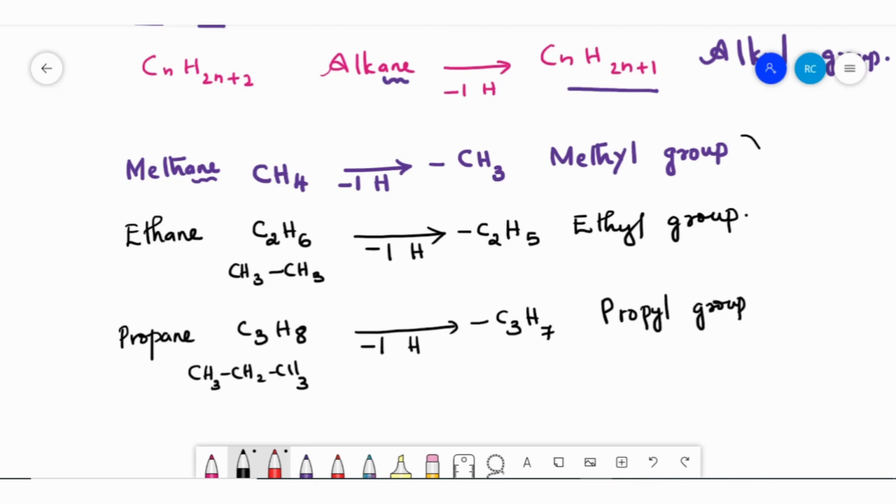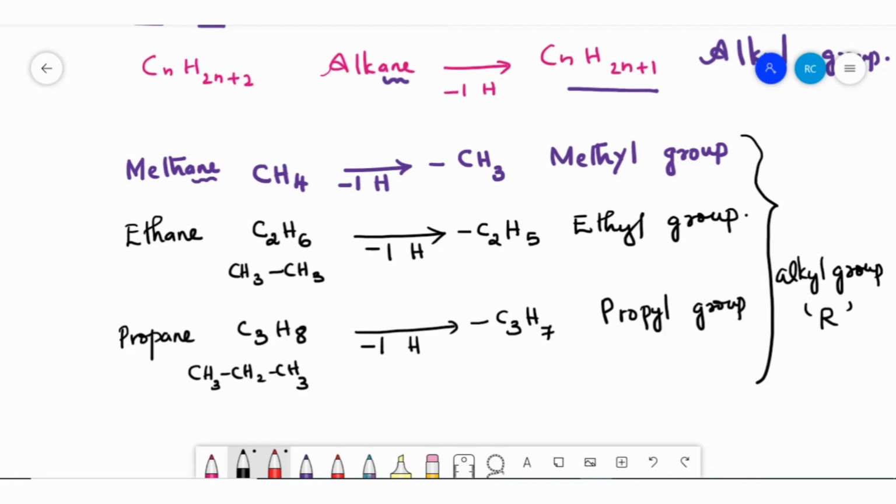So these are the alkyl groups. You can derive any alkyl group from its corresponding alkane. Generally we write it as R. So what are alkyl groups?